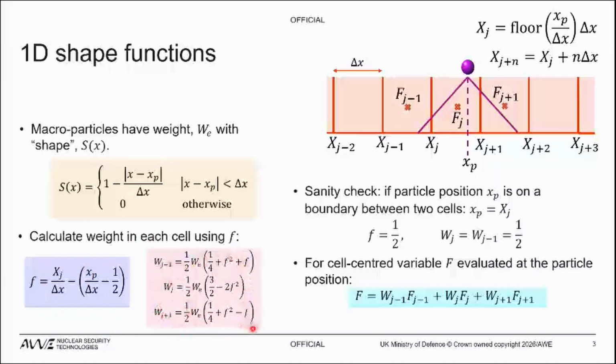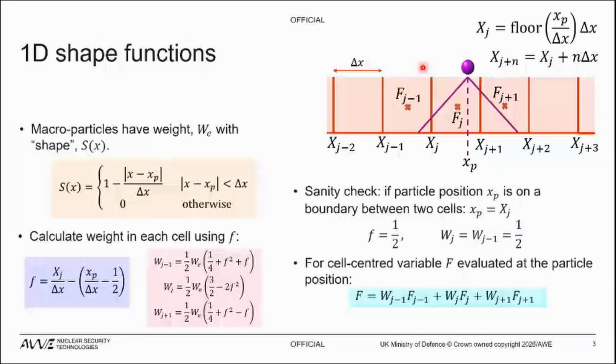And as a quick sanity check, we can say, well, what if our particle was exactly on the boundary between two cells? We'd expect a 50-50 split in each. You substitute that condition into our formulas, and that is exactly what you get out. You get a fraction of a half, Wj and Wj minus 1 is a half and half in each cell. Perfect.